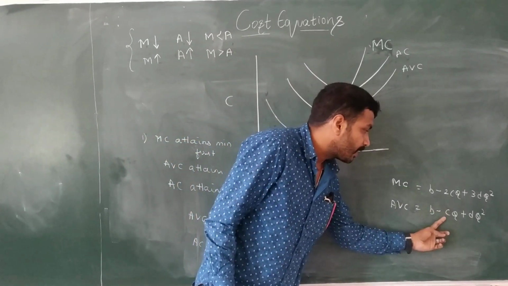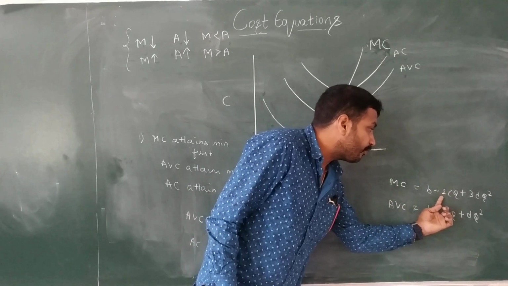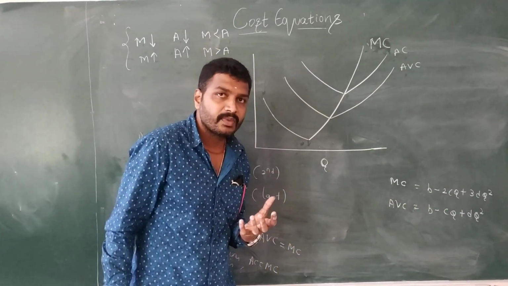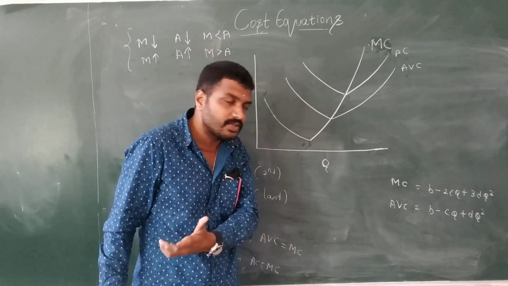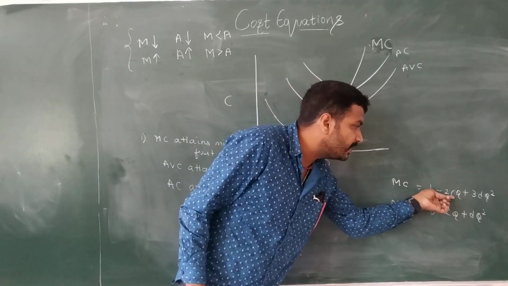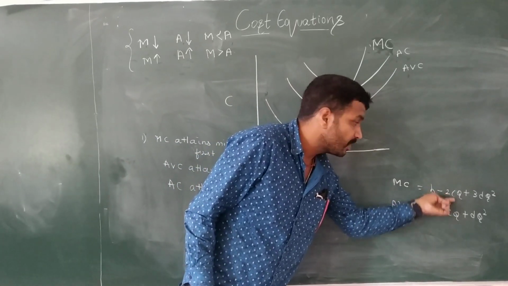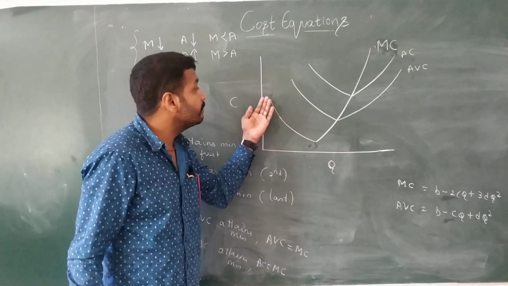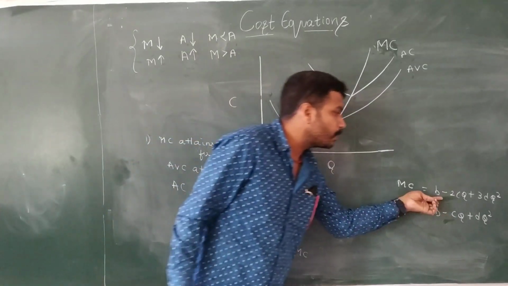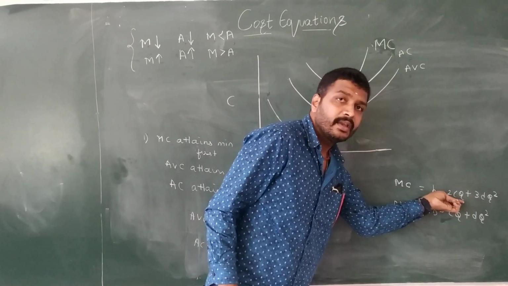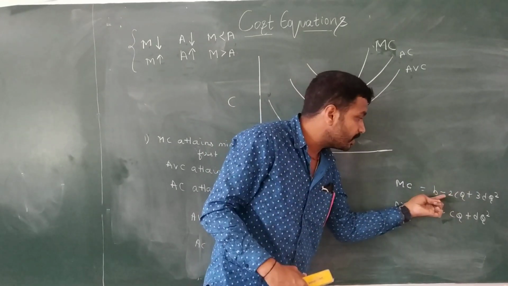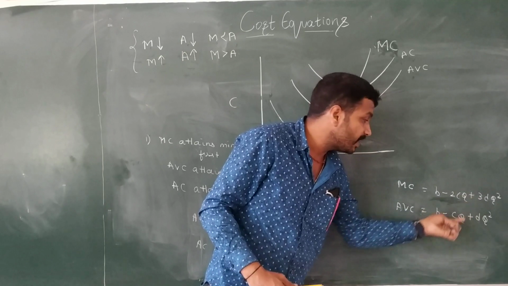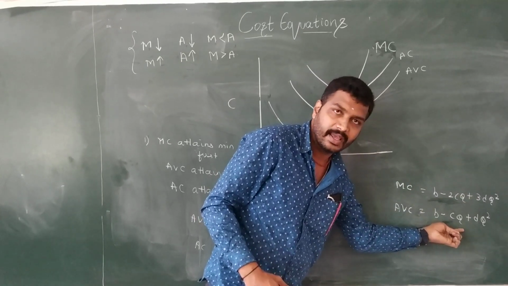See here, MC falls first and it falls at a faster rate. Minus 2C is the indication of that, whereas here it is minus C. Remember, MC falls first because of its very nature, that is B minus 2CQ is there, whereas here B minus CQ is there.